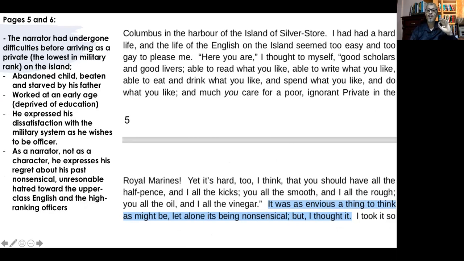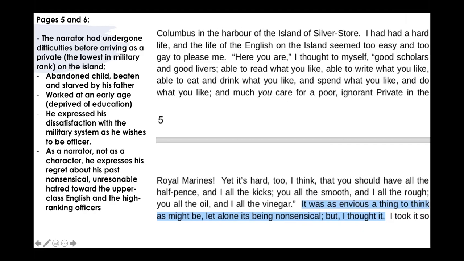Some passages are key passages, and they will help us with the general understanding of the novella. So, ladies and gentlemen, now let's just go to it. Here, I would like you please to pay attention to this.